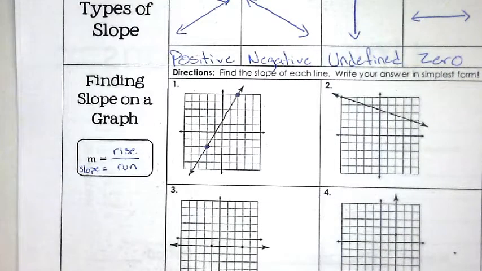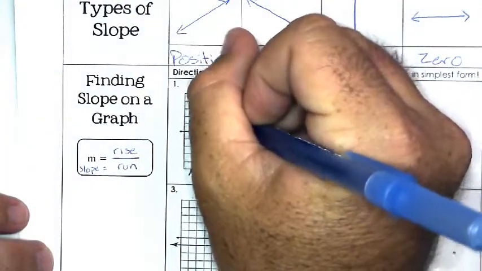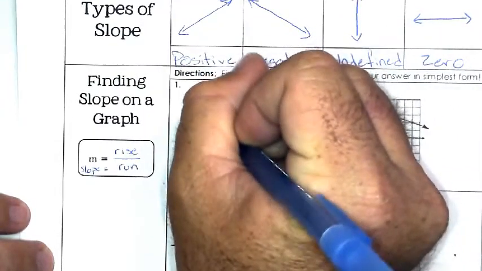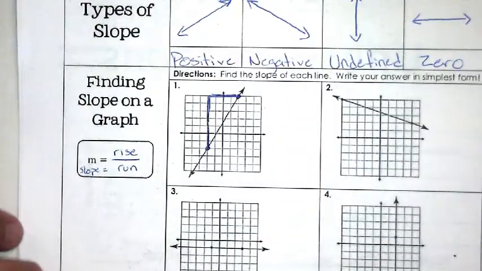Now, when I do rise over run, I have a specific goal that I want to create. I want to create this. What did I just create? What type of triangle? A right triangle.